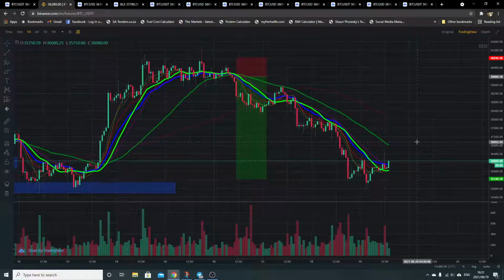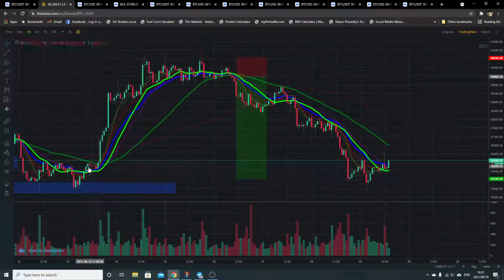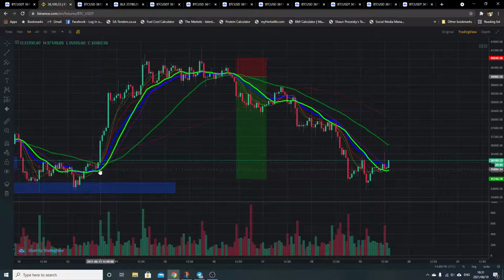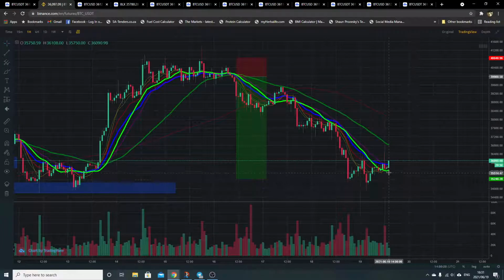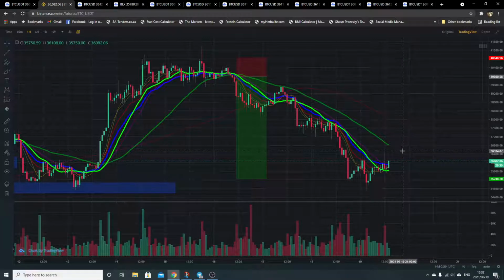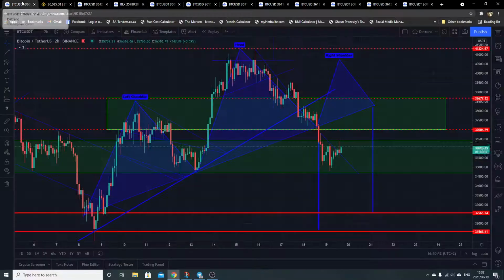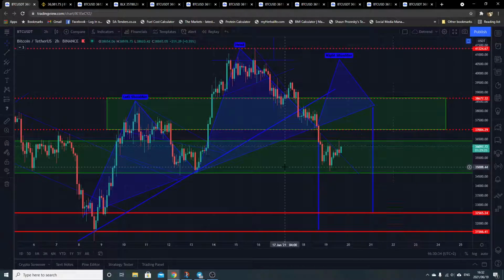Okay, right now at the moment we're finding the same thing happening here, guys. The 21 EMA is above the 20 MA. What's happening to price at the moment? It is going up. So let's have a look at my trade over here.